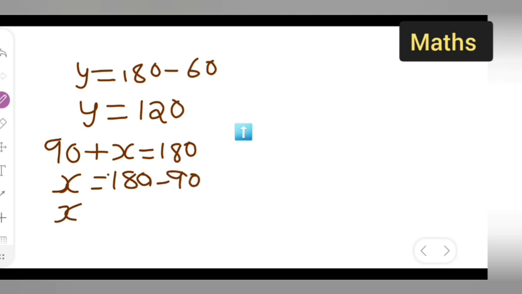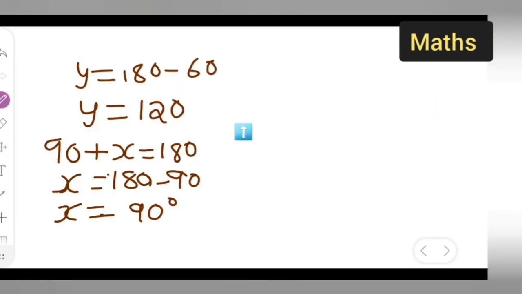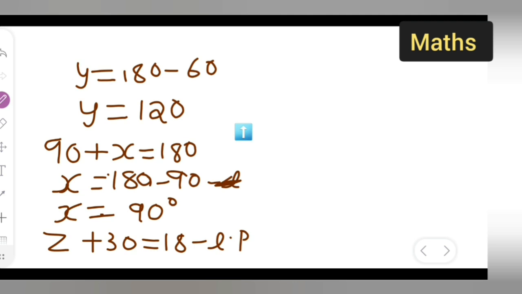So the value of x is equal to 90 degrees. Okay, so x you got 90 degrees. Next let us find out the value of z. Z plus 30 is equal to 180, and this will be a linear pair.